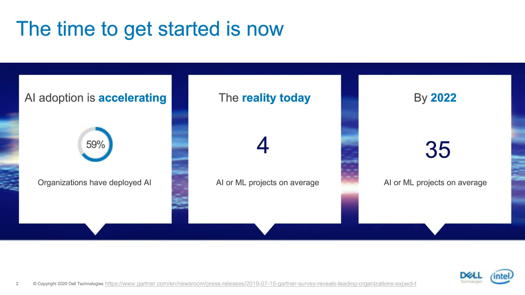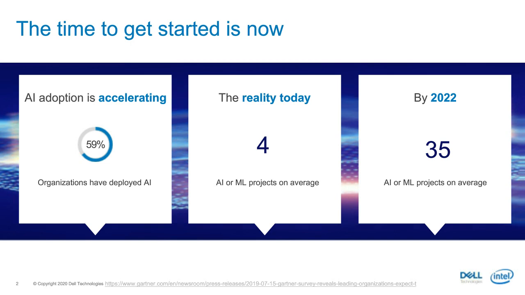What we're showing here is a graphic to show how the AI trend is accelerating. Today, 59% of organizations have deployed AI, right? So I'm sure the rest, 40%, is taking a serious look at how they can jumpstart.